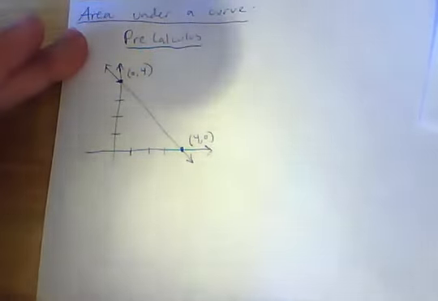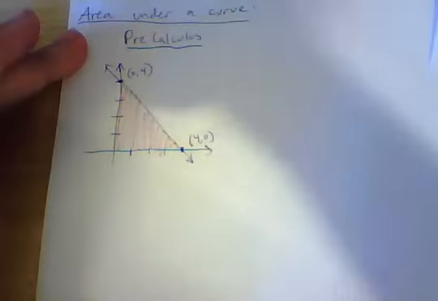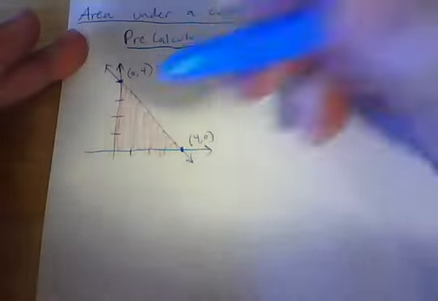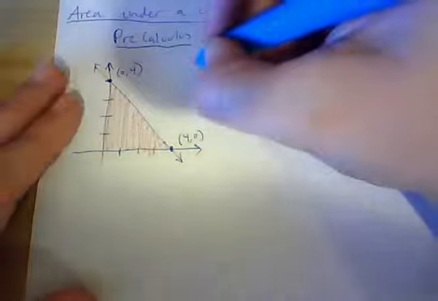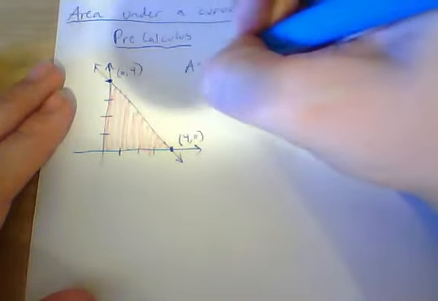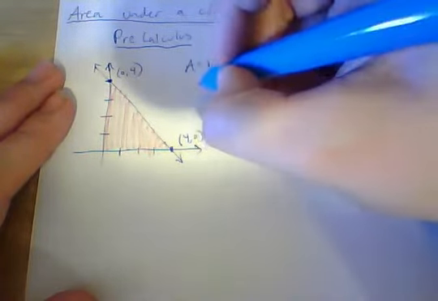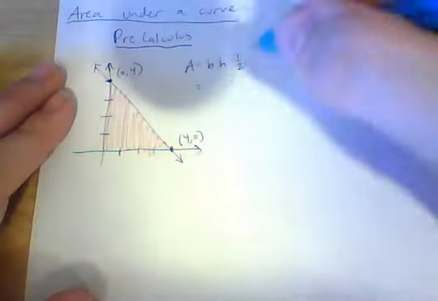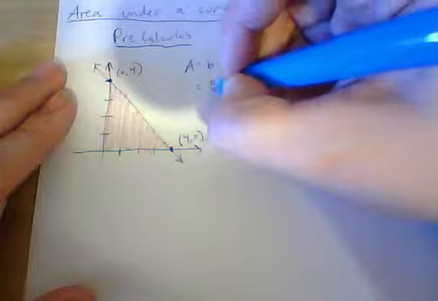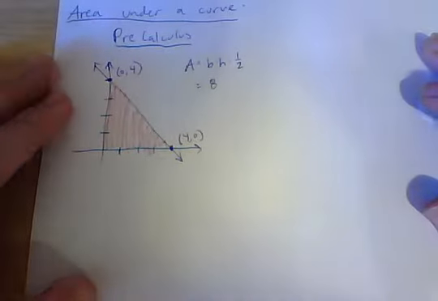We could find the area under this in a pretty straightforward way in pre-calculus. What we could do is use our knowledge of the area for triangles: base times height times 1/2. And we could say, well, 4 times 4 times 1/2 would just be 8, and we would be done.